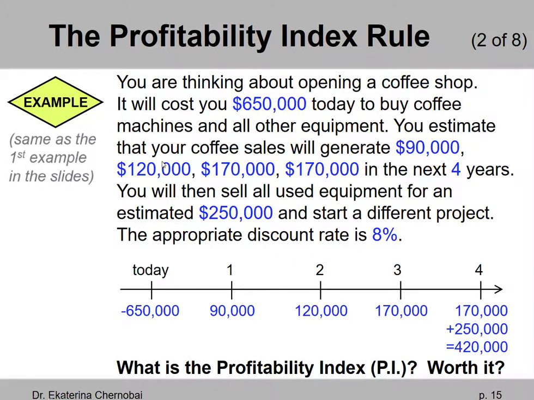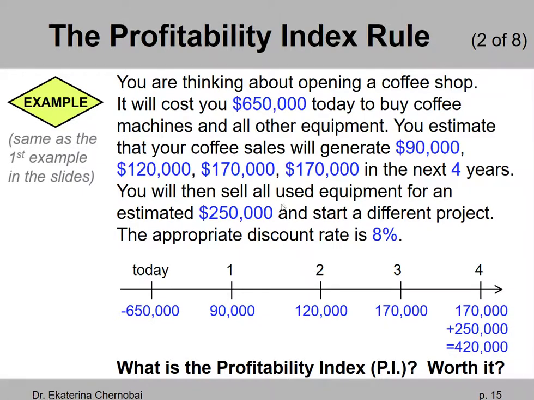You estimate that your coffee sales will generate $90,000 in 1 year, $120,000 in 2 years, $170,000 in 3 and in 4 years. You will then sell all used equipment for an estimated $250,000 and start a different project. So in 4 years, the whole project will end.